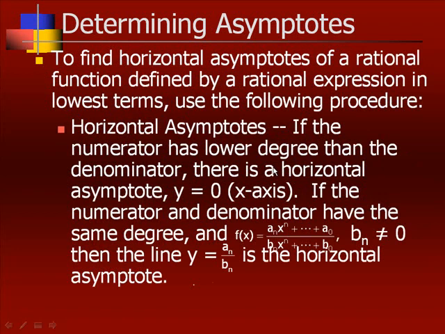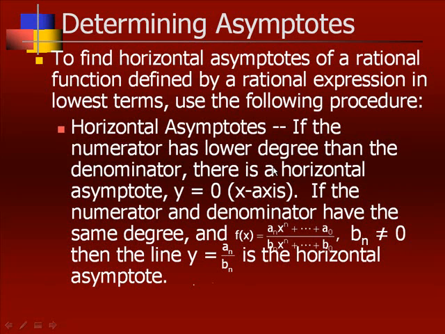To find the horizontal asymptotes of a rational function defined by a rational expression in lowest terms, we're going to use the following procedure. If the numerator has lower degree than the denominator, then there is a horizontal asymptote at y equals 0, or the x-axis.